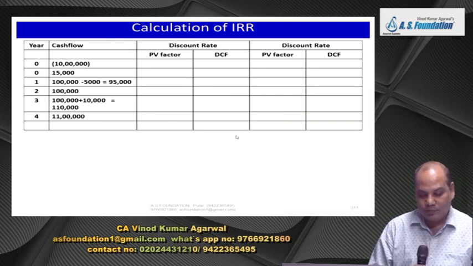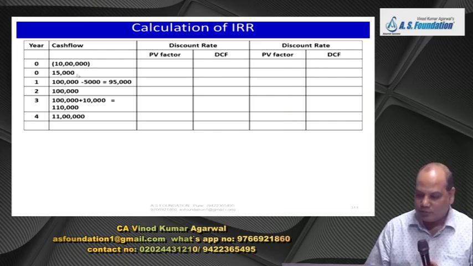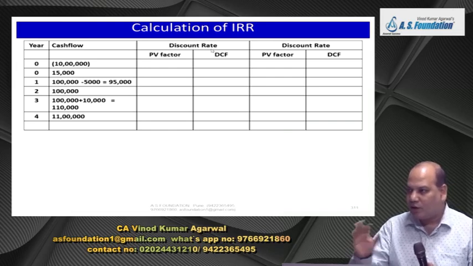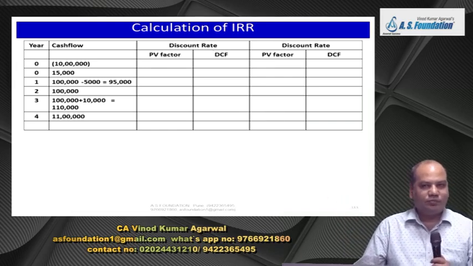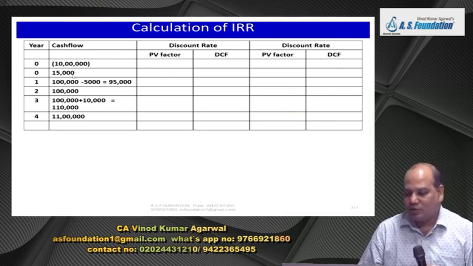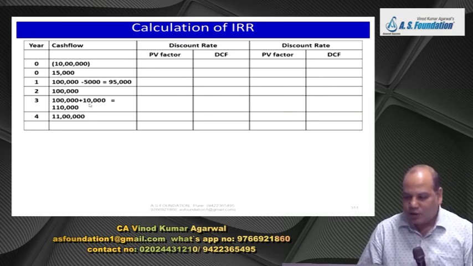What is the interest rate on this loan? 10%. And there are some minor cash flows also in this problem, like this 15,000, this 5,000, this 10,000. So do you think your answer will be very far away from 10%? Very far away or nearby? Nearby, because there is no other major transaction. This 15,000, 5,000 and this 10,000, these are the three extra cash flows.